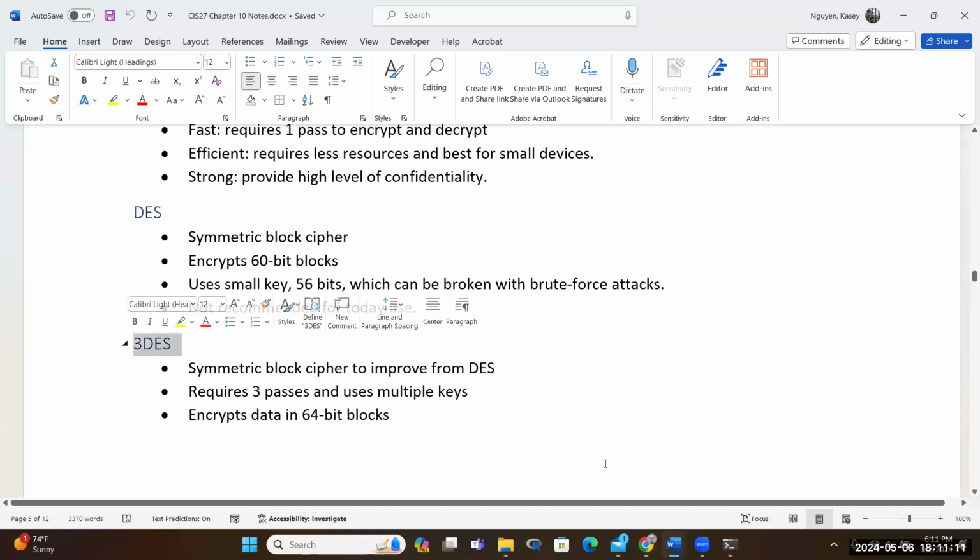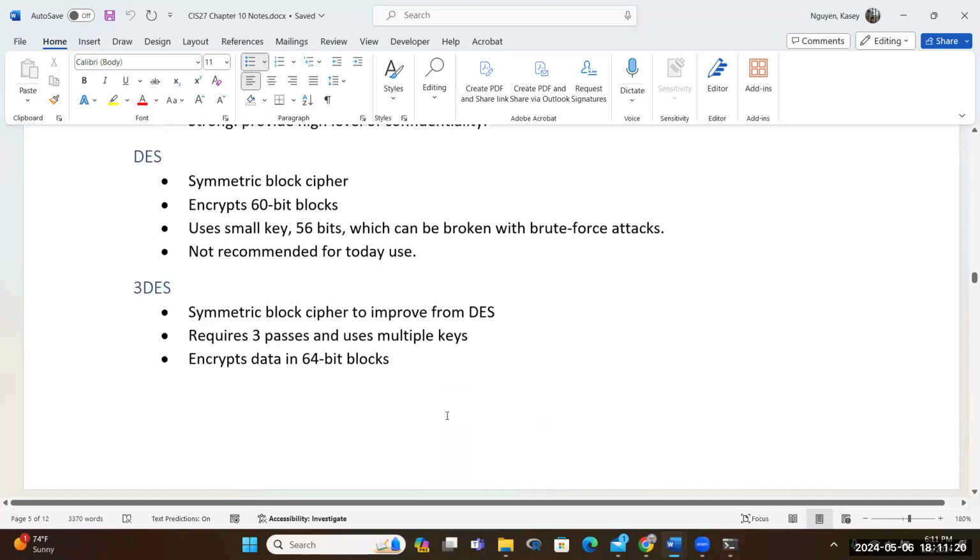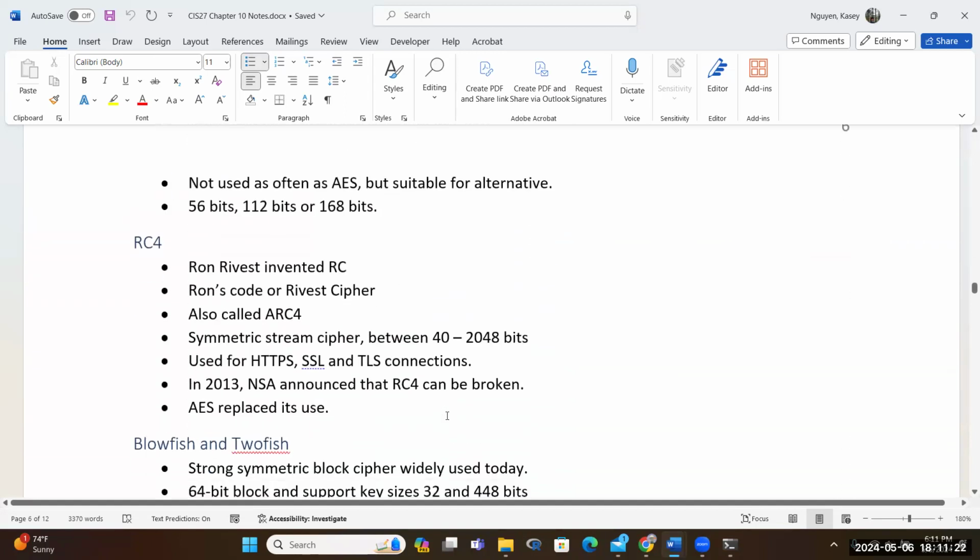So triple DES is just that version, but locked with multiple keys. So it is more secure as it buys more time. And it is not used as often compared to AES, but is good as an alternative. So you can see that the key length starts from 56 and goes to 168 bit.